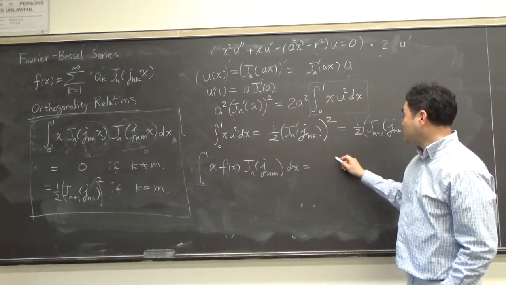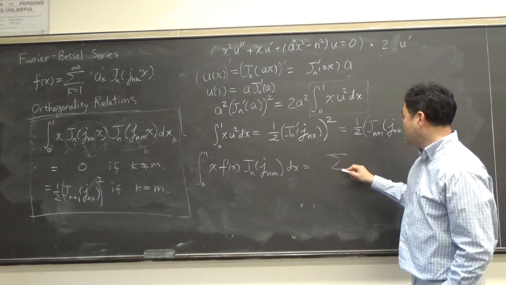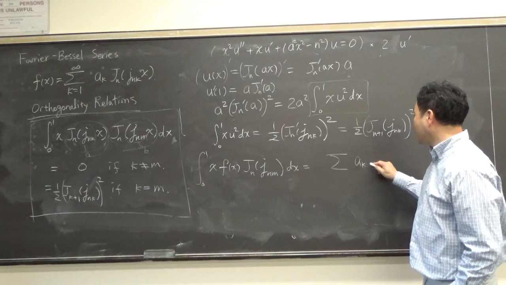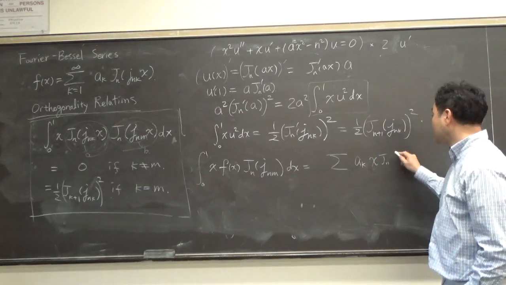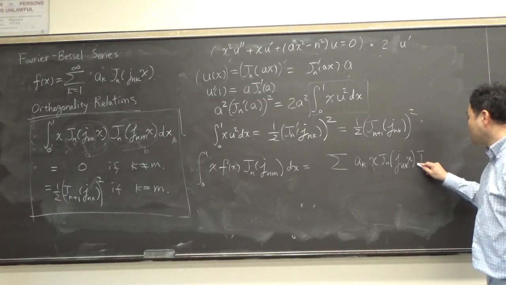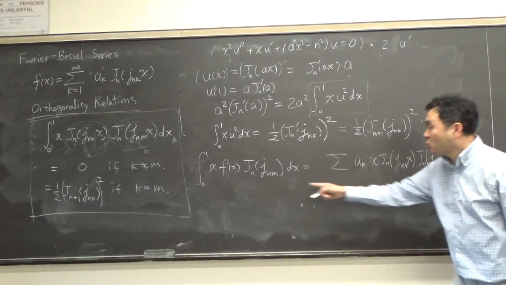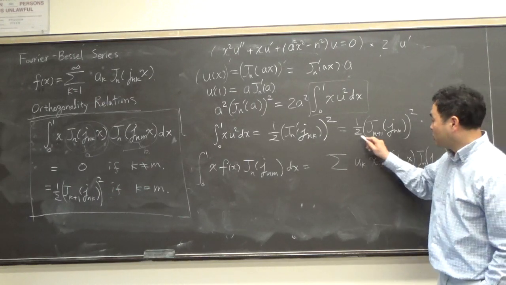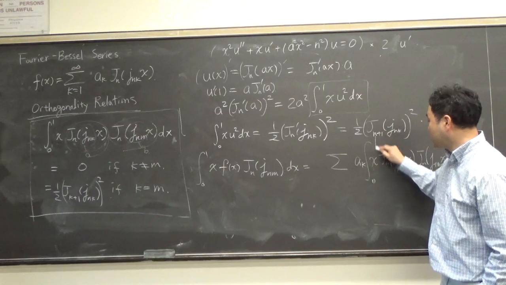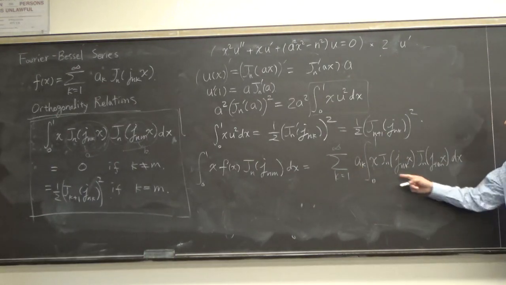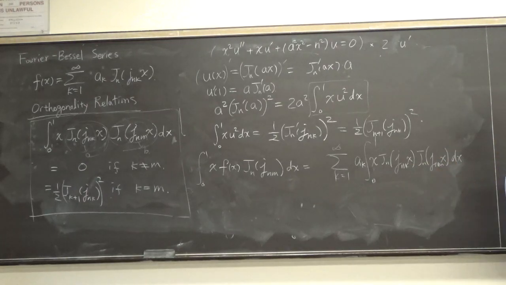on the right side, it'll be the summation of x times ak times jn of j n k x, and we multiply by jn of j n m x dx, and we integrate from 0 to 1. In most cases, what is this?